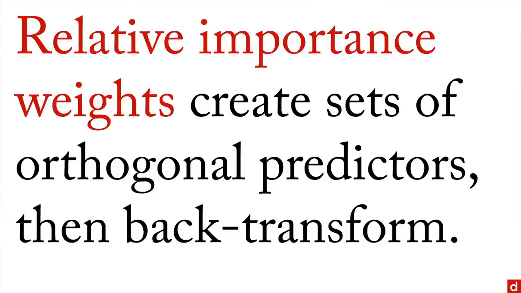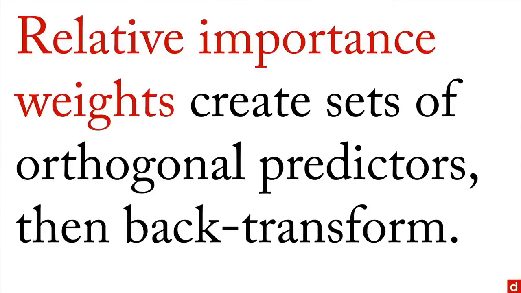It then rescales the coefficients back to the original variables. That's the back transform. And then from that, it assigns relative importance or a percentage of explanatory power to each predictor variable. Now, despite this very different approach, it tends to have results that resemble dominance analysis. It's actually really easy to do. On their website, you just plug in your information and it does it for you.